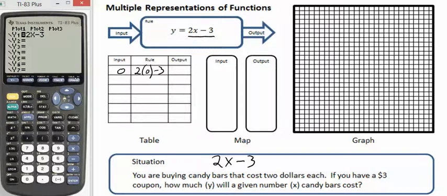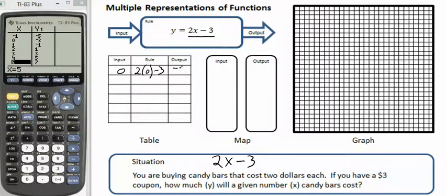And go into our table. We're not doing negatives, so we're going to do enough to fill this out. At 0, it'd be negative 3. And at 1, it would be 2 times 1 minus 3, negative 1. So we still don't owe any money. They should even give us money back, but coupons don't normally work that way.